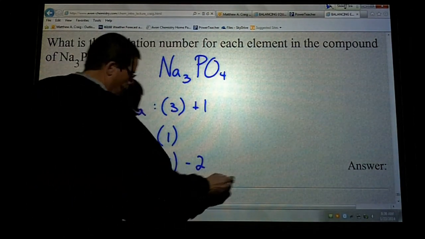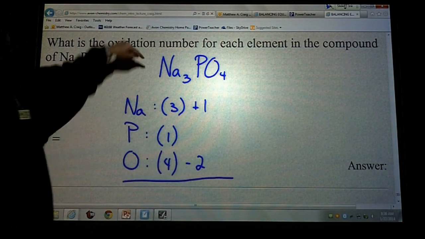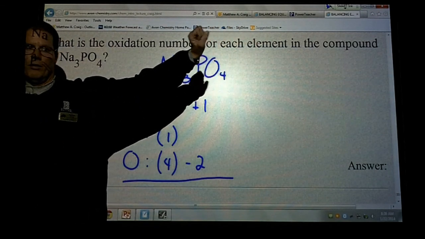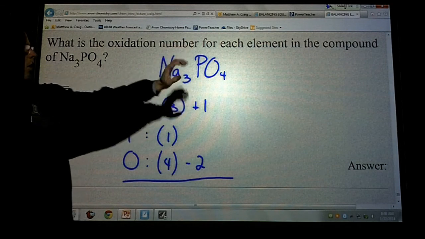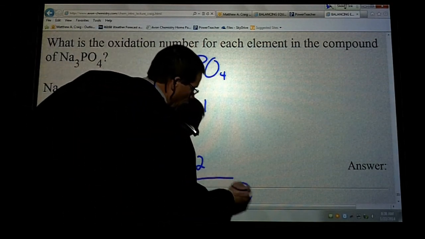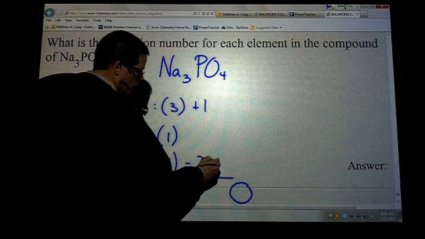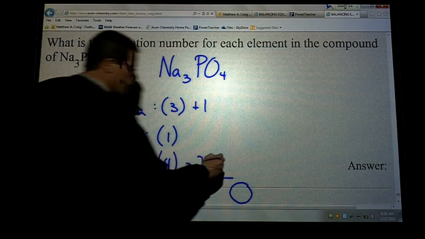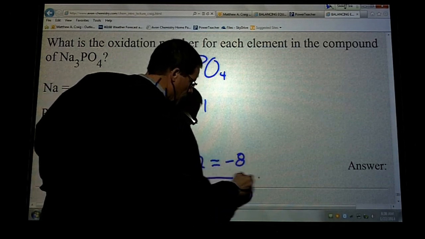Okay. Now, what's neat is this whole compound has a total charge of 0. In other words, the algebraic sum of all these elements adds up to equal 0. So we want to make sure that our total charges equal 0. So what is 4 times -2? -8. Good.